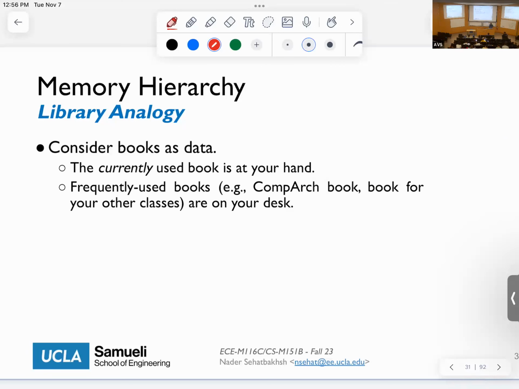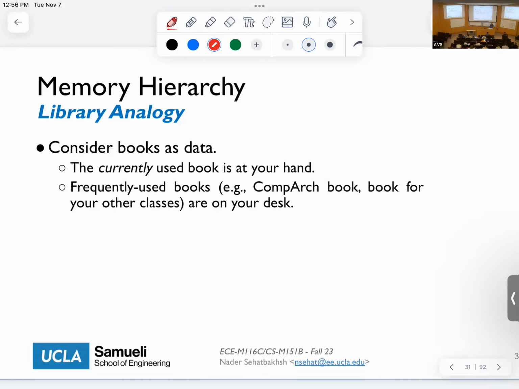So how do we fix this? We use this idea of frequently used data, or memory hierarchy, to fix this issue. So you say that, okay, on my desk, I have the capacity of storing 3 books. I can stack 3 books on top of each other.